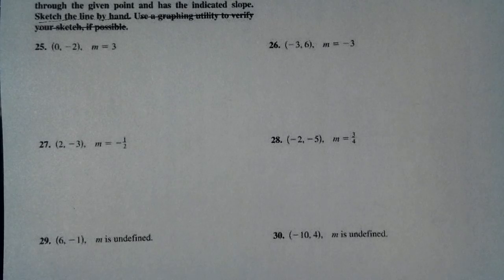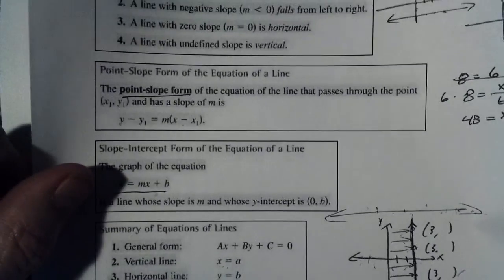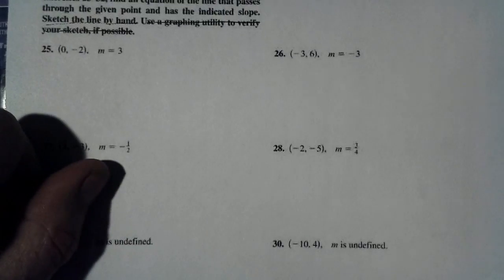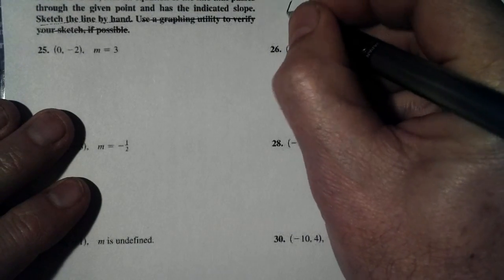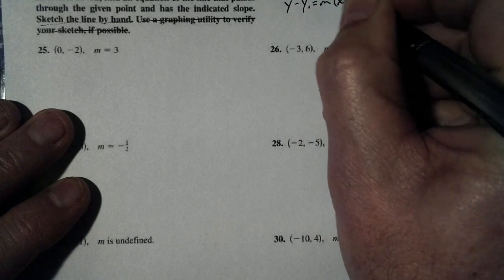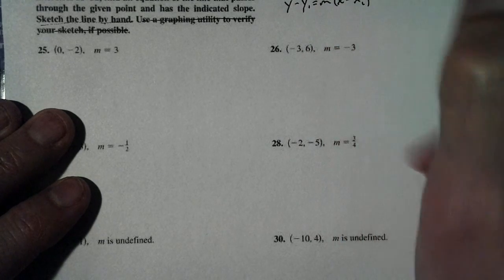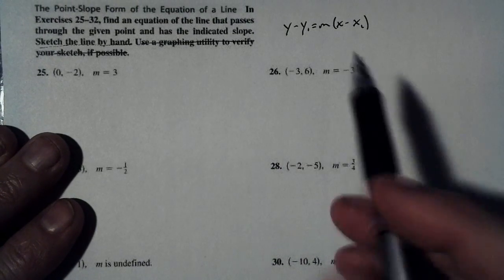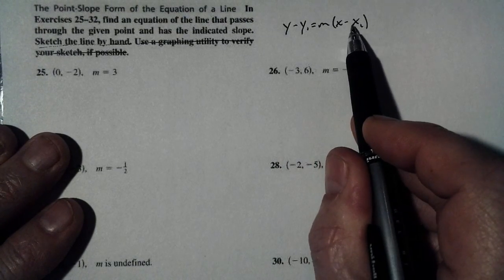So here's why I had said earlier that point-slope formula is a great formula for us to use. Just going to jot it up here. y minus y1 equals m times x minus x1. And that's just y minus a y coordinate equals our slope times x minus an x coordinate.